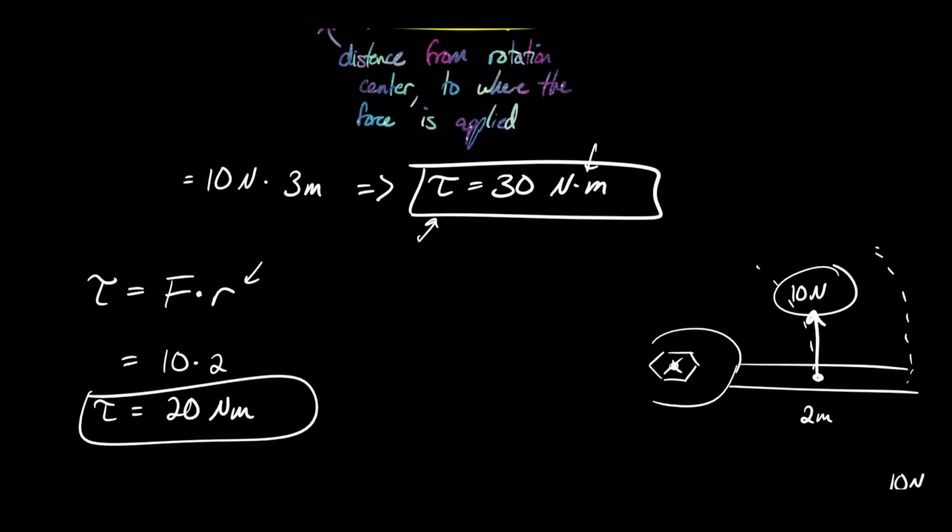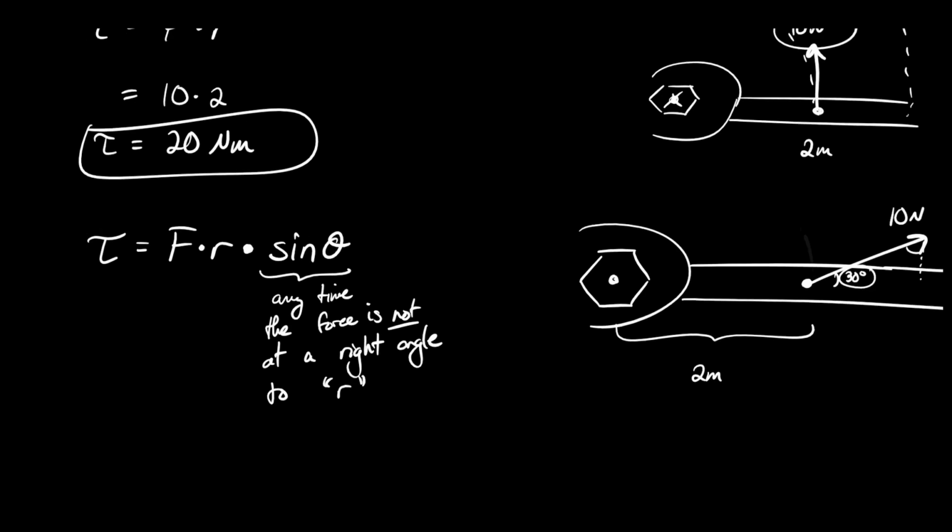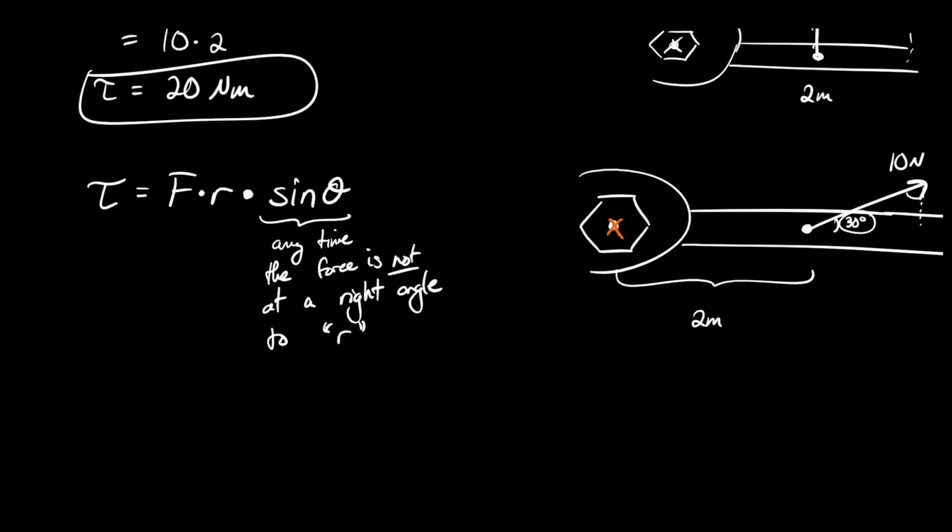Secretly, this whole time, R is this arrow that points from the rotation center in a line out towards where the force is applied. So in this example, this is what R looks like. Something perpendicular to R would be straight up and down, but oops, ours isn't. So we need to include this extra factor.